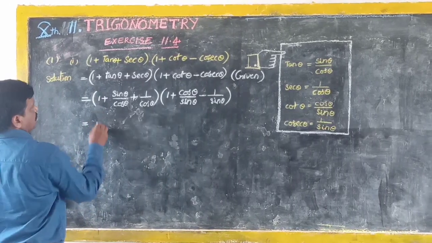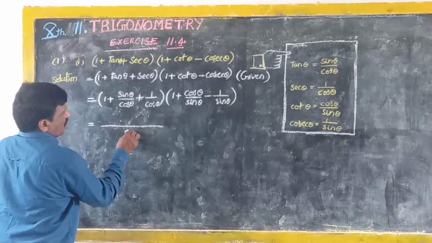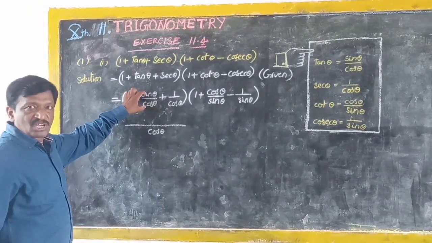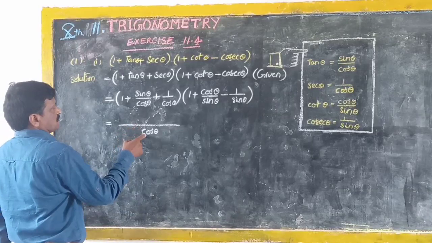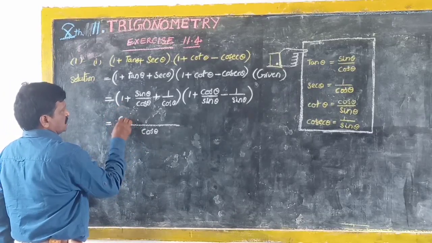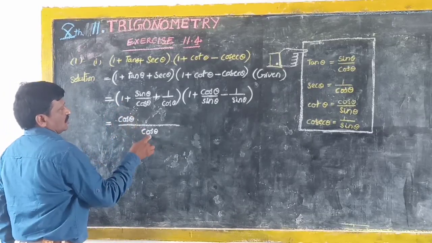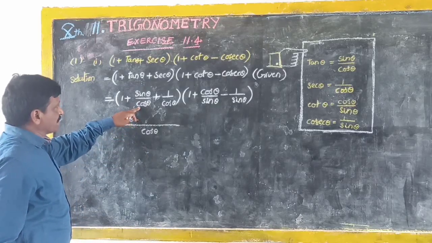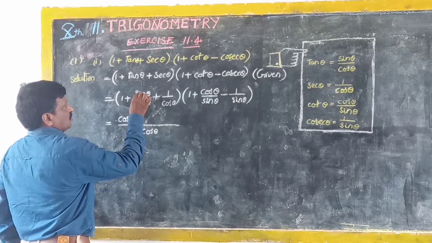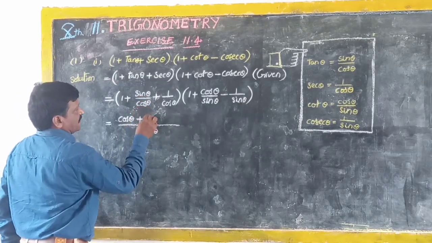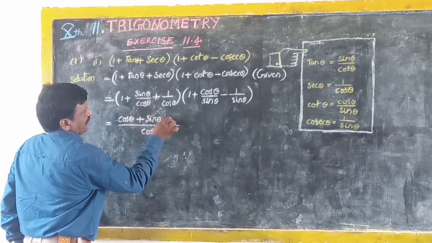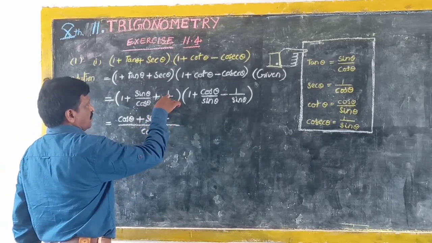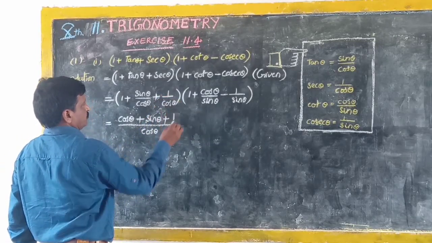Now, LCM is cos theta. Cos theta into 1 is cos theta. Cos theta in cos theta one time, cross plus 1 sin theta is sin theta, as well as cos theta in cos theta one time, cross, 1 plus 1 into 1 is 1.